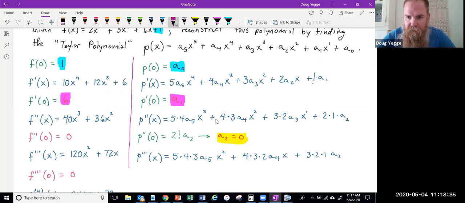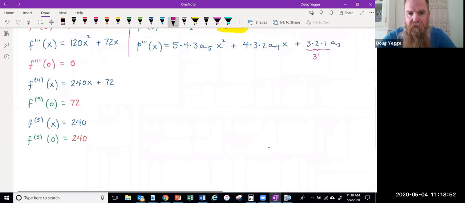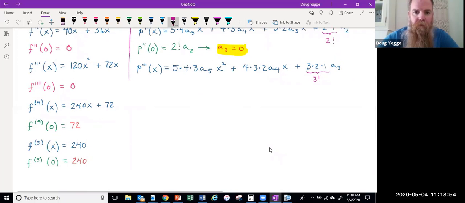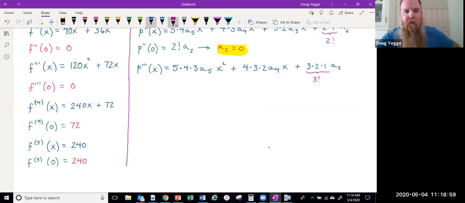So this coefficient is 1 factorial. This coefficient is 2 factorial. This coefficient is 3 factorial. So notice that if we find the third derivative at 0, then all that's left is 3 factorial times a3.